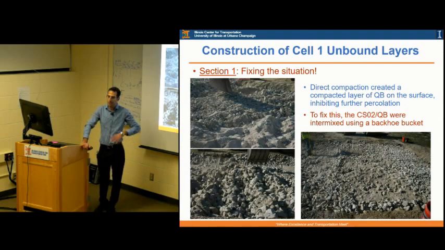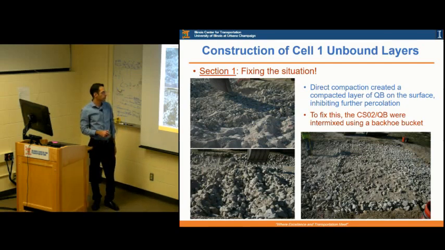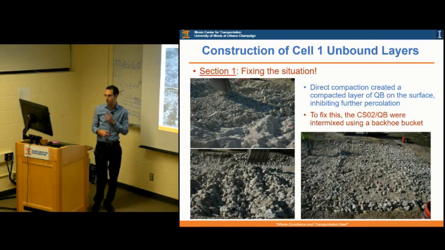There's no exact explanation for that, but we have a theory about it. If you look at these pictures here, we think that when the first lift was constructed, as I was saying, it didn't work and we had to fix it and shovel the material together with the excavator. So what might have happened, and this is still just a maybe explanation, is that we ended up getting a lot of quarry byproducts left on the surface between the 2 lifts.